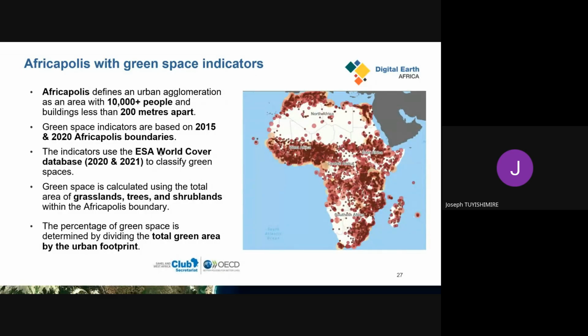Green spaces are coordinated based on the Africa Polis boundaries, and we also use ESA land cover to classify green spaces, combining grassland, trees and shrublands, to come up with the total green area.